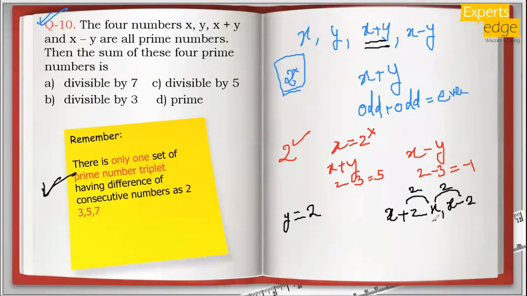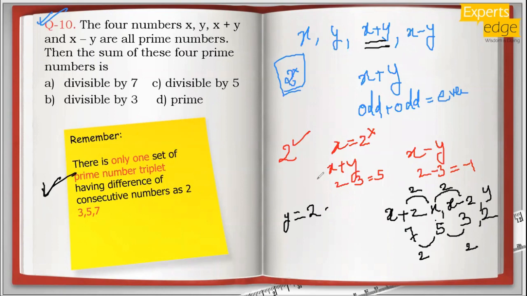So the highest number will be 7, this will be 5, and this will be 3. So you can see a consecutive difference of 2. What is the one number remaining? That is nothing but y, which we have taken as 2. So these are the four values we have got.